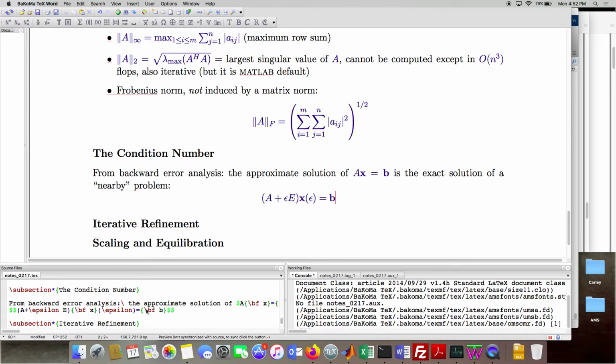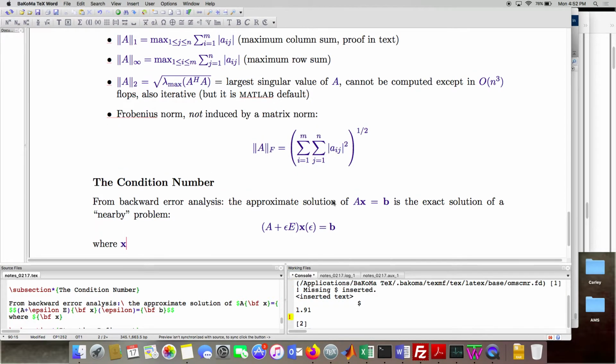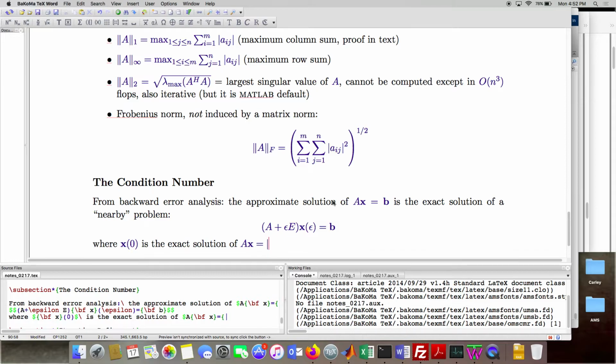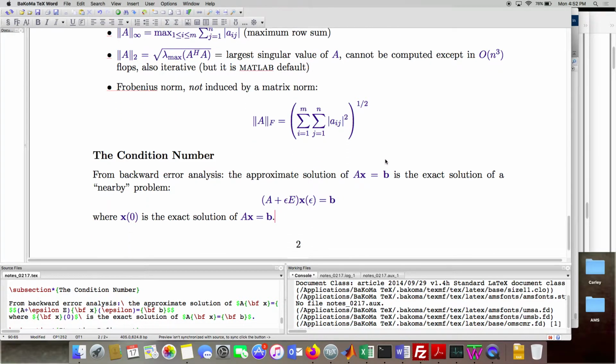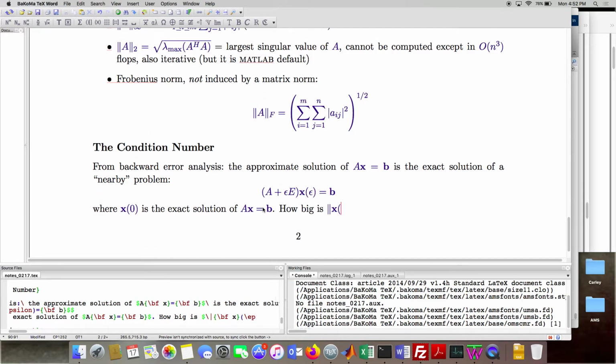A nearby problem will be one where the matrix A is perturbed, and I could assume that B is perturbed also, but to simplify things, I'm going to assume it's a perturbation in only A. If we let epsilon equal 0, then we're back to AX equals B. So the idea is, suppose my approximate solution is really x of epsilon for some epsilon, and it is the exact solution of this problem, whereas plain old x, or x of 0, is the exact solution. So how large is x of epsilon minus x?